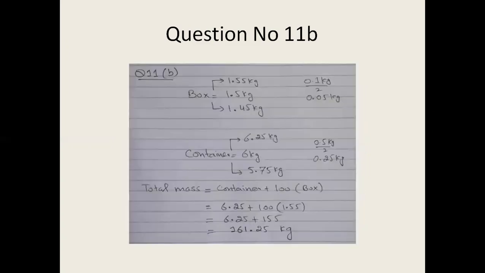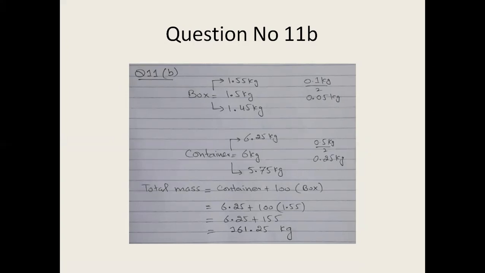Okay. Question 11B part. One box is 1.5 kg, correct to the nearest 0.1 kg. Because this is correct to the nearest 0.1 kg, you divide 0.1 kg by 2, you get 0.05 kg.